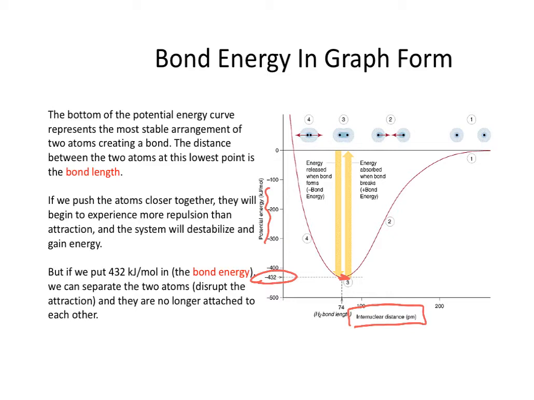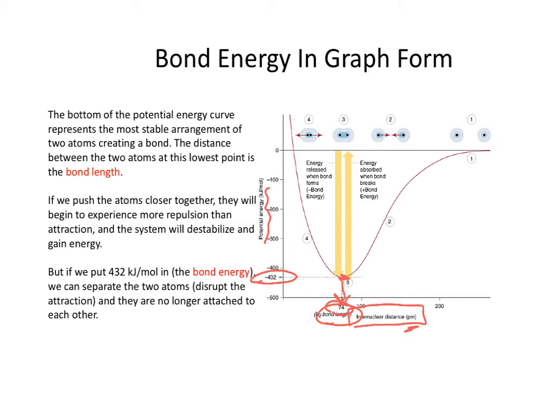And so you can get some good information from the bottom of a bond energy curve. If you drop from that point to the x-axis, you will get the bond length. And so the bond length for this graph would be 74 picometers.